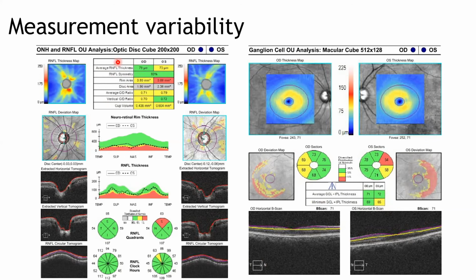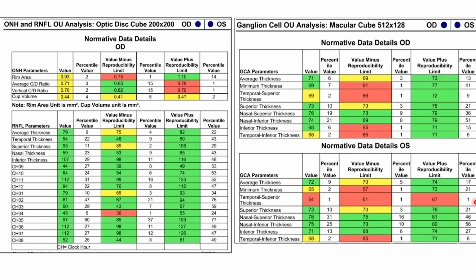If you hit this little triangle over here, it opens up a wealth of information, and you see it right here. So for all of the parameters that are measured, both for the disc and for the macula, you can get a lot of information. You get the normative data, the percentile value of the scan for that day, but it also tells you the reproducibility of the measurement.